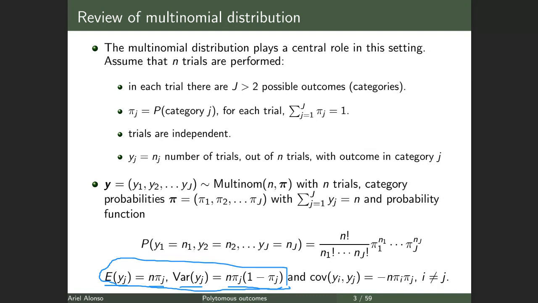But of course, these outcomes are going to be correlated. And the covariance between yj and yi is given here. And this is the multinomial distribution, which is going to play a very important role in our extensions of the logistic regression model.